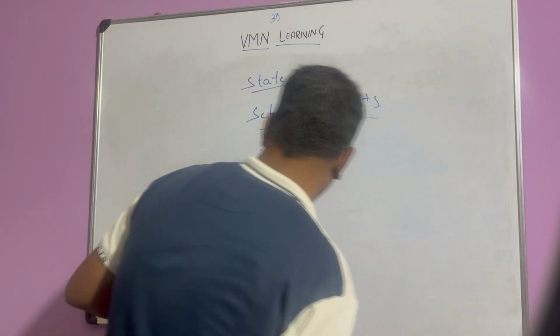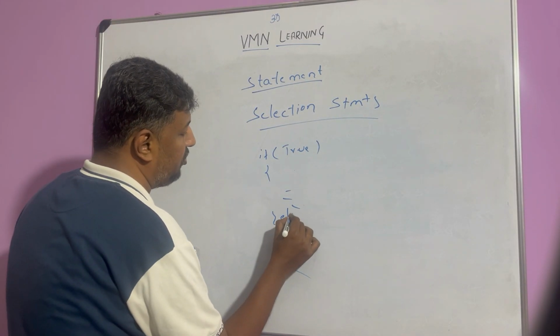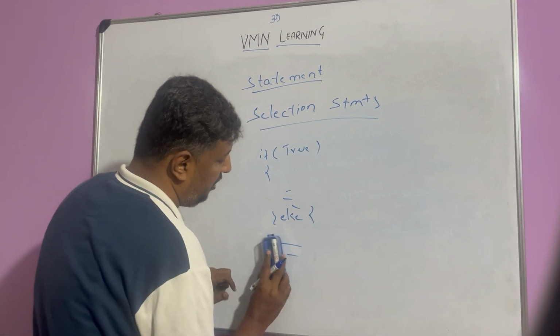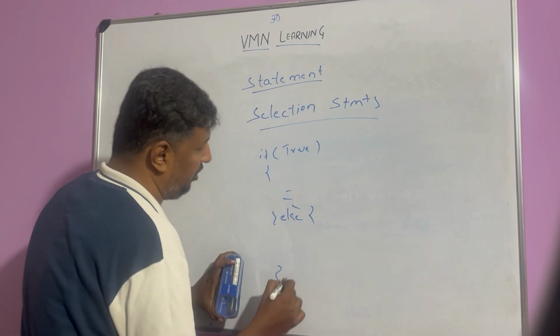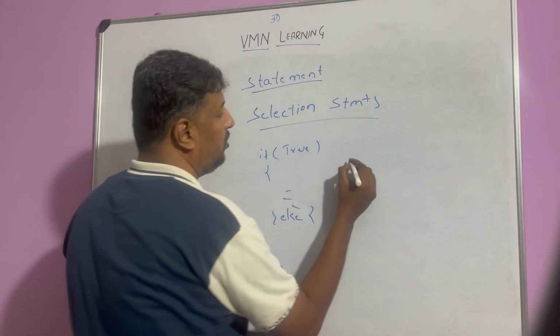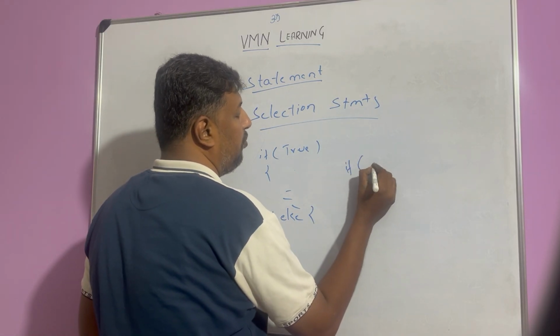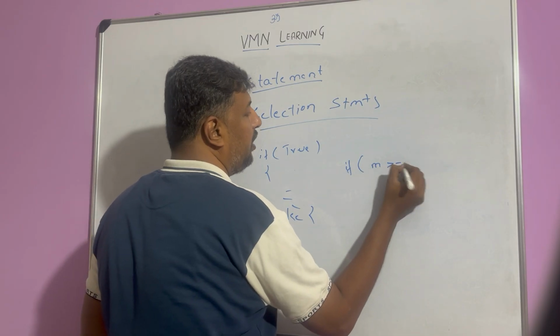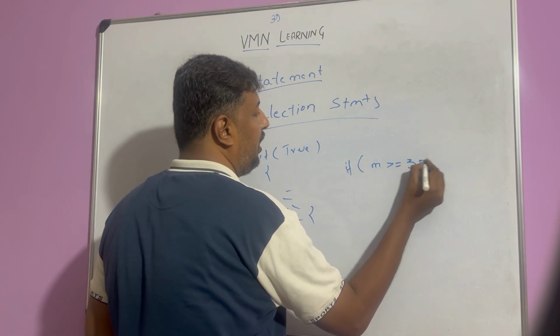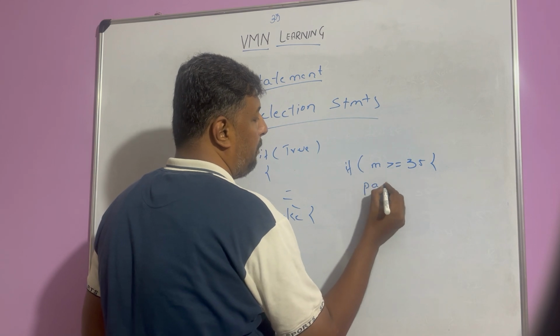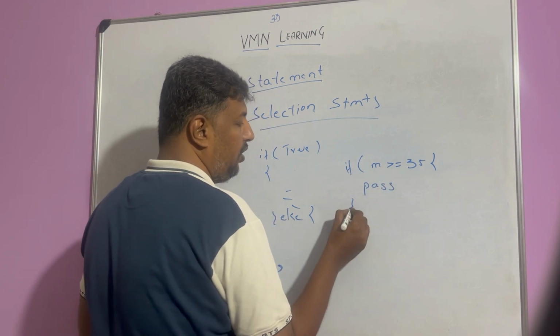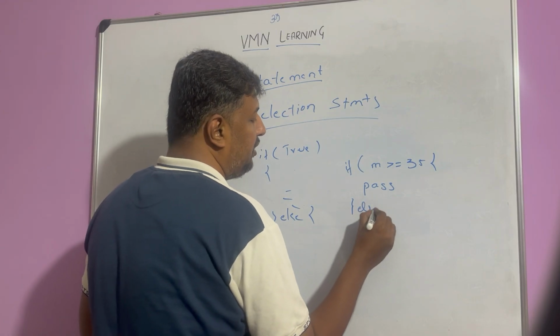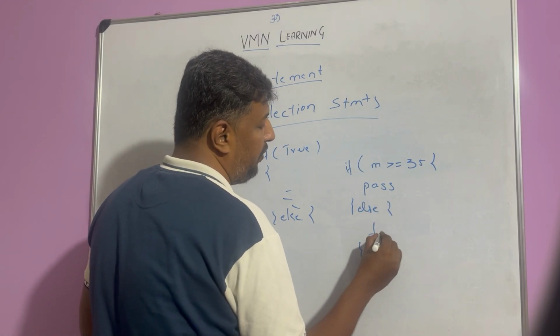So same thing, we'll put an else condition and say: if marks is greater than or equal to 35, pass, else fail.